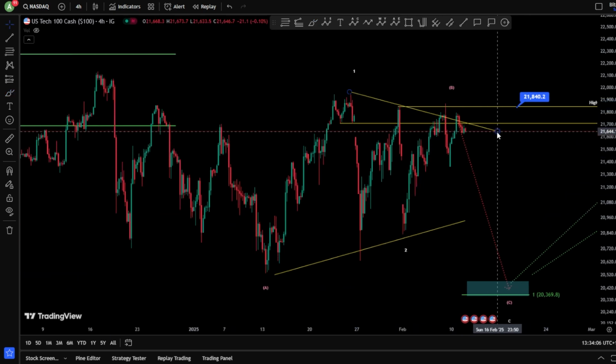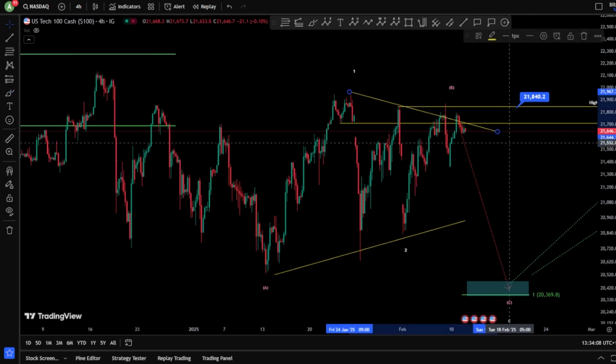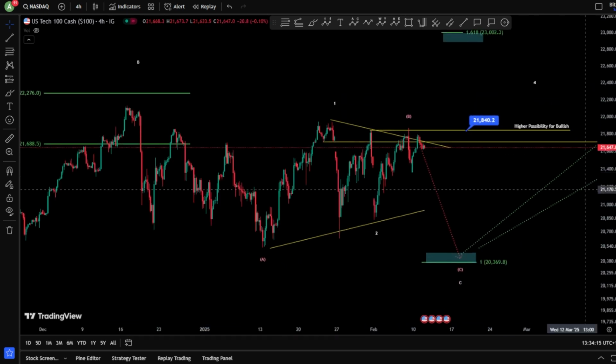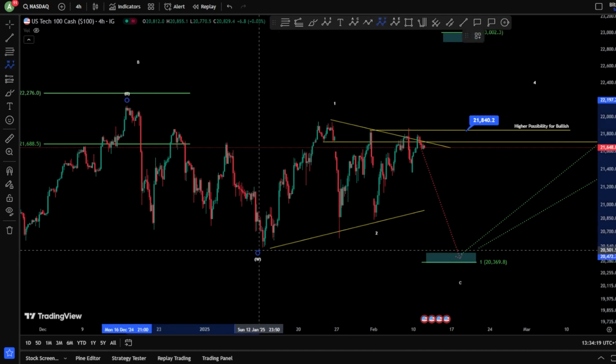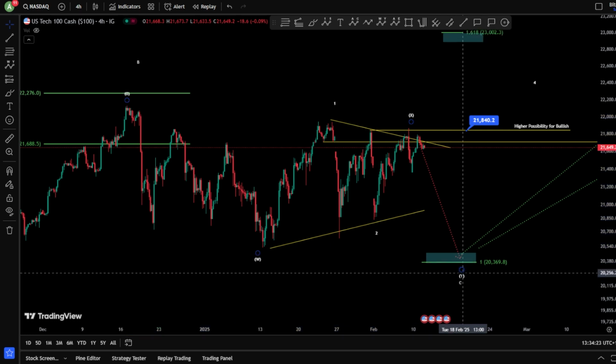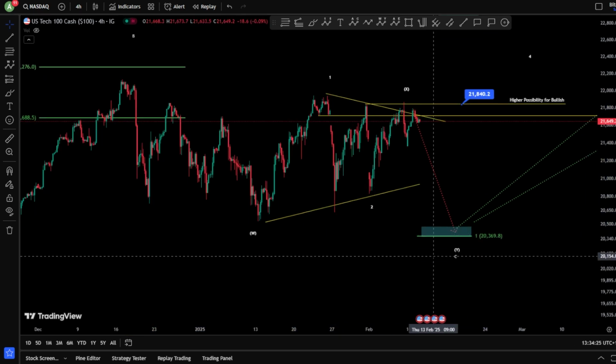Normally your wave E, the last wave of the triangle, can overshoot it as a wave B can. But I would call this, in this case, not an ABC anymore. This might be a W, X, and a Y.